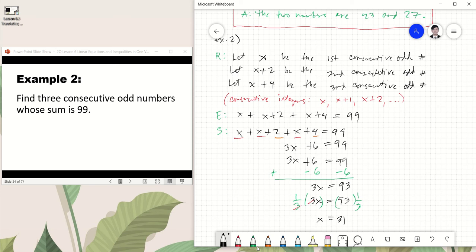Okay, so magsa-substitute lang tayo para mahanap natin yung iba. Yung second consecutive odd integer, that's x plus 2. So 31 plus 2 is 33. Yung pangatlo naman, x plus 4 based from our representation. So 31 plus 4, 35.